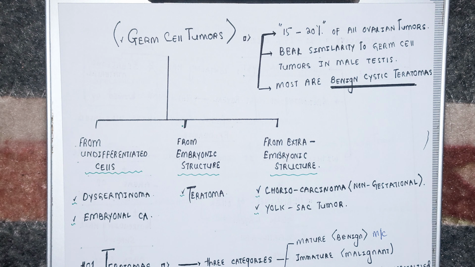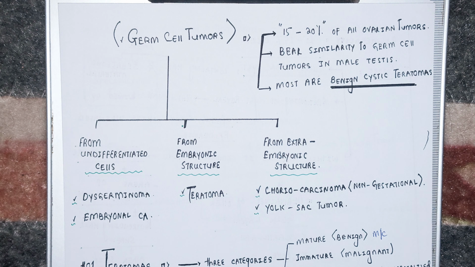Germ cell tumors, beta, can arise from undifferentiated cells, which are not differentiated to a certain tissue. Those arising from the undifferentiated cells are dysgerminoma and embryonal carcinoma. The germ cell tumor which arises from the embryonic structures is called teratoma. And the germ cell tumors which arise from the extra embryonic structures include the non-gestational choriocarcinoma and the yolk sac tumor.